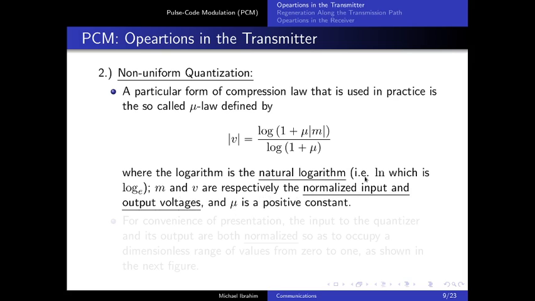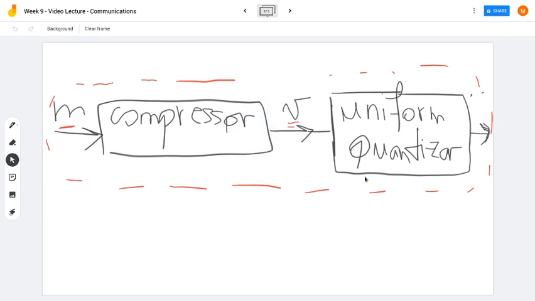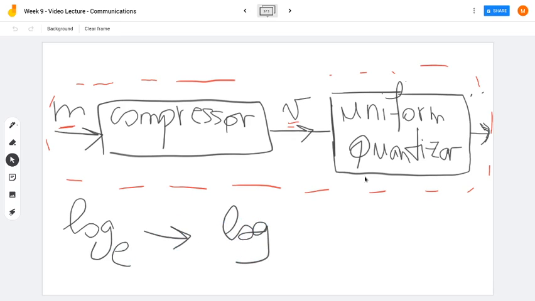About the log, if you know MATLAB, for instance, if you want the natural logarithm, which is log to the base e, it's simply called log. We used to call it in mathematics ln. So it's kind of confusing, but our ln, the natural logarithm we have learned about in mathematics, which is log to the base e, in MATLAB is called log.